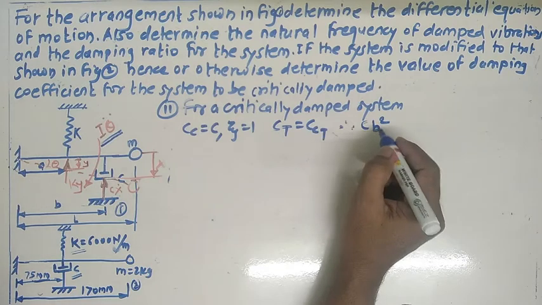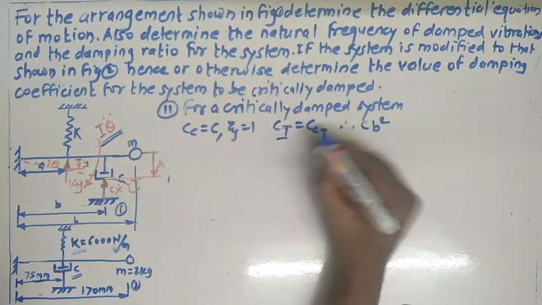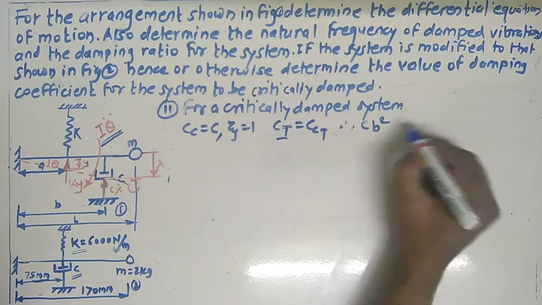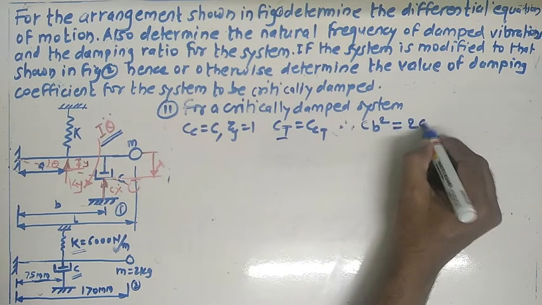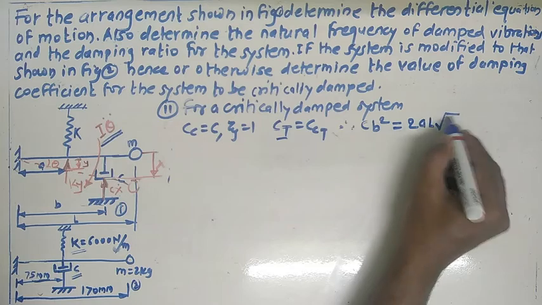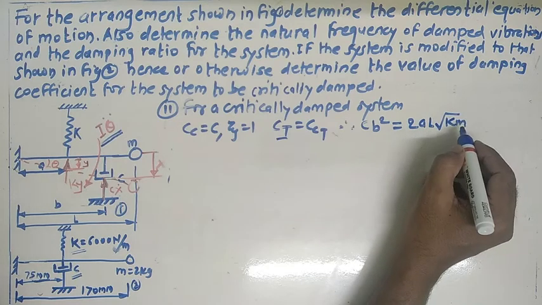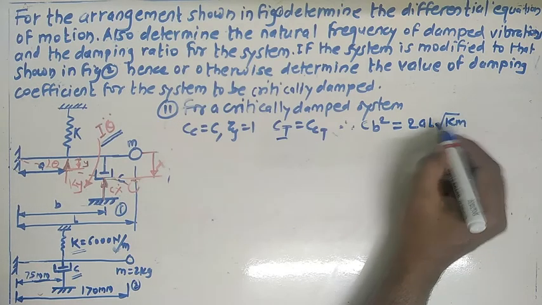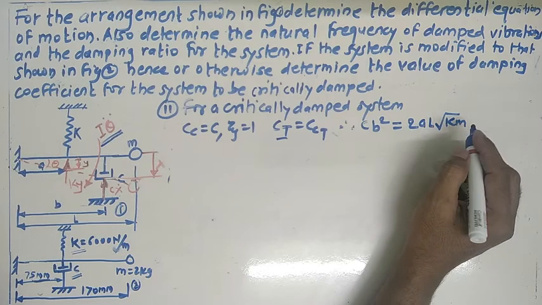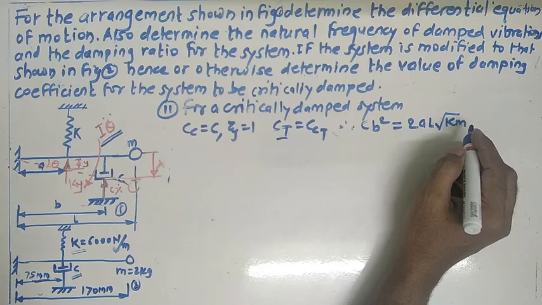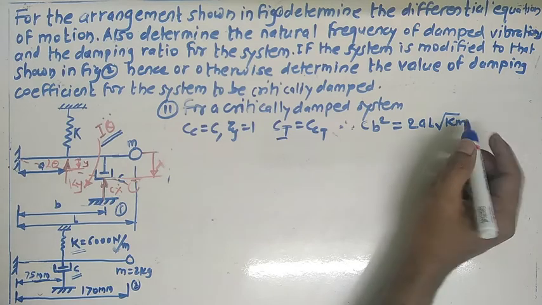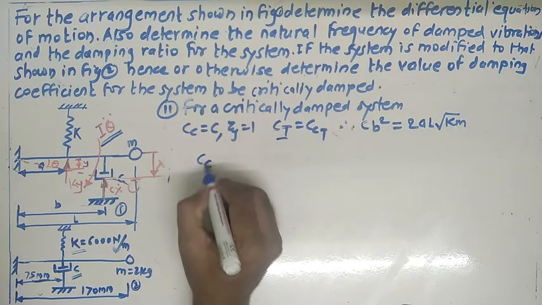And cct is nothing but 2 into a into l into square root of k into m. This relation is already with us. Thus, for the system to be critically damped, the linear damper should have this damping coefficient cc.